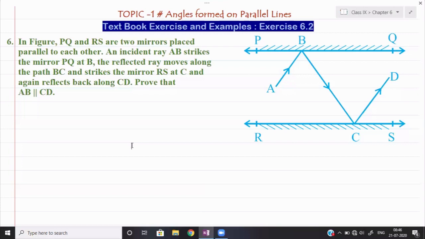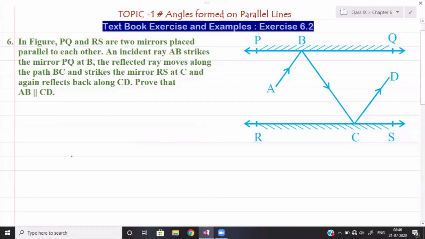So whichever way we apply, either we shall prove corresponding angles are equal, or alternate interior angles are equal, or interior angles are supplementary. So let us see which one is working out over here. But before that, one concept of physics I will explain to you, and then systematically we'll write down the solution for this. Now, what is the concept?